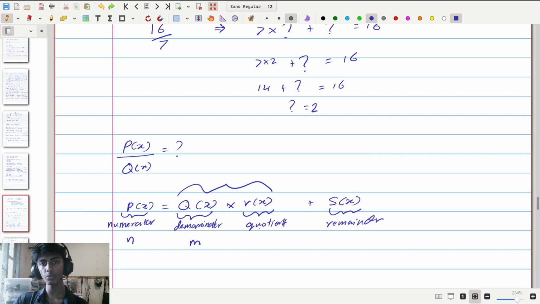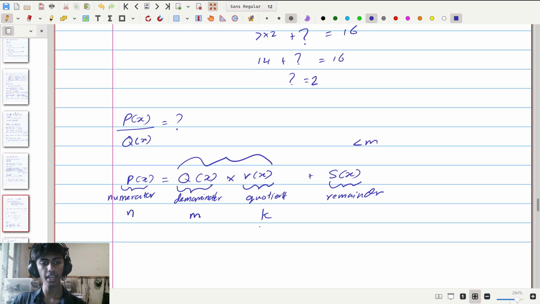Similarly, when we are dividing numbers, we cannot have a remainder which is greater than the denominator. In the same way, the order of the remainder cannot be greater than the denominator. So therefore, the order of the remainder has to be less than m. That part is clearly proven. And now, because the total order needs to be n, and we are multiplying two polynomials together, if this one has polynomial order of, let's say, k, it is the case that m plus k, because we are multiplying these together, is equal to n, which means that k is equal to n minus m.